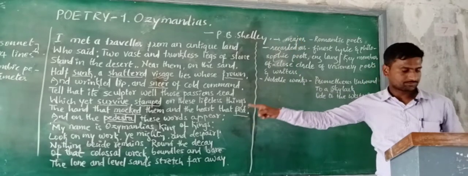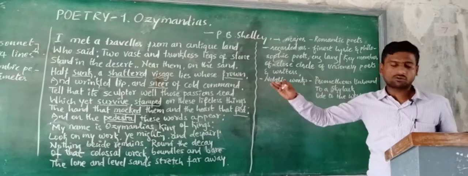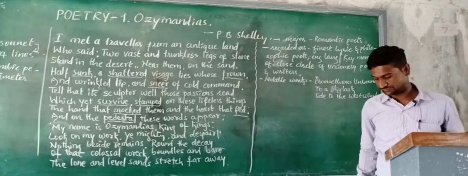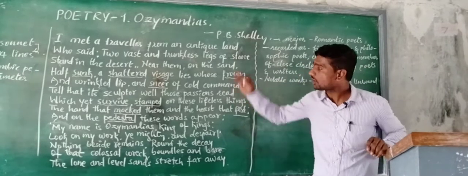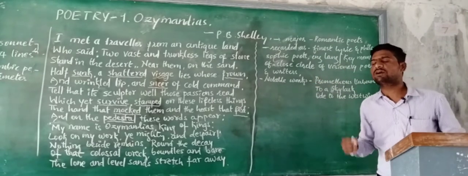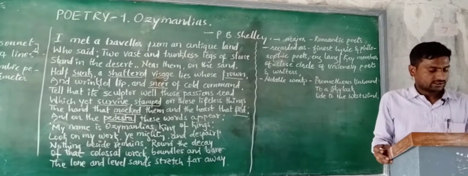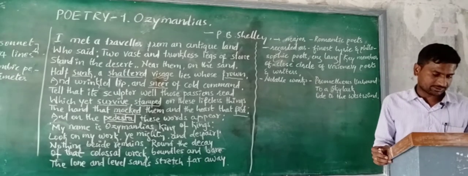The poetry is about the ruins of his statue, the destroyed statue, which has been found in the Sahara desert.